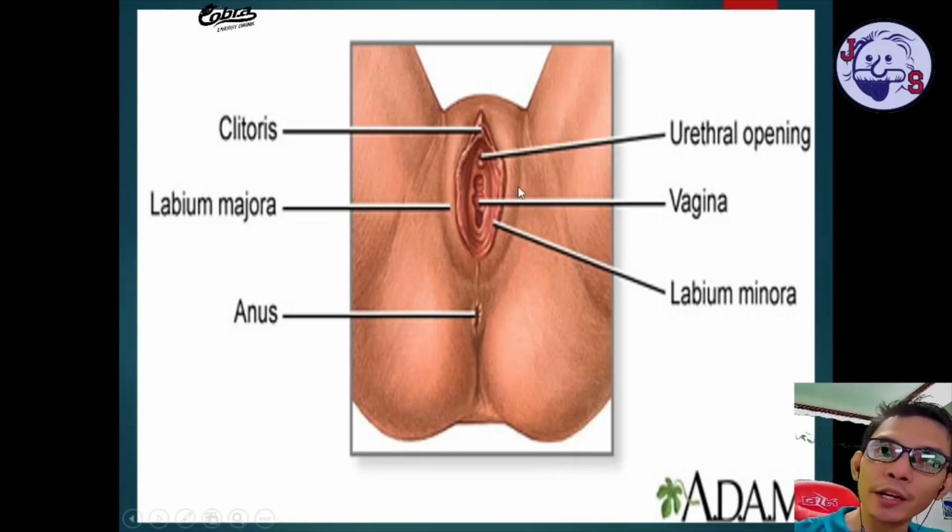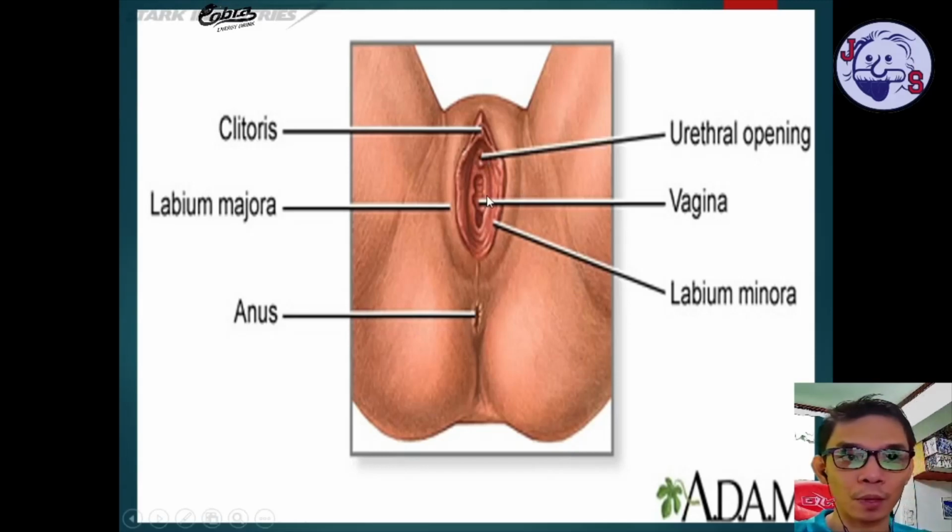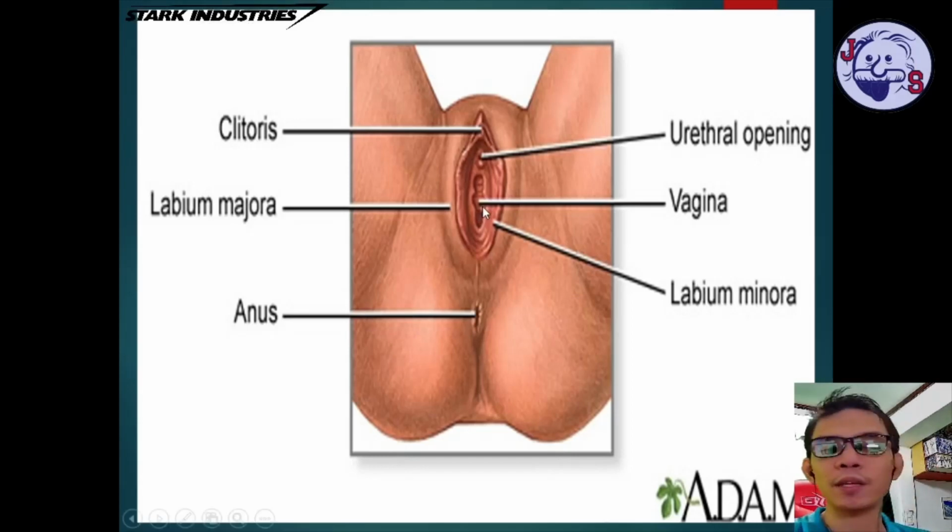Here in the female reproductive system, the urine has a separate pathway compared to where the baby will come out. Also, during sexual intercourse, it is in a completely different pathway.